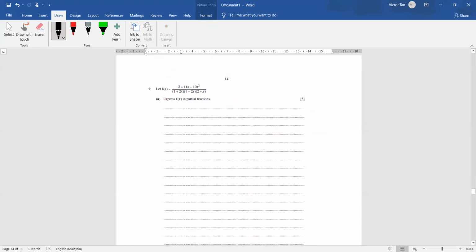Express f(x) in partial fractions. So I'm going to write this as A over 1 plus 2x, plus B over 1 minus 2x, plus C over 2 plus x.